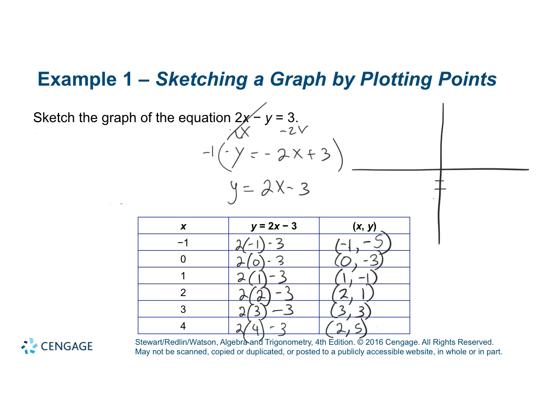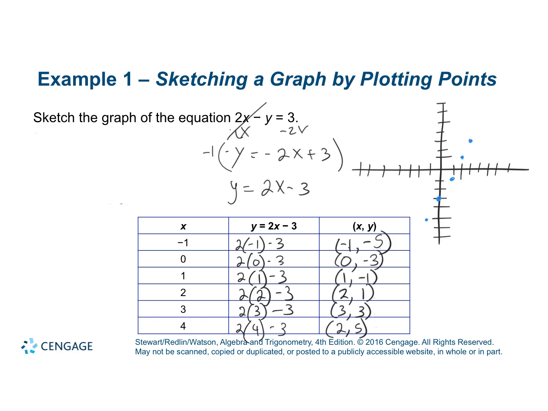So let's say we have this graph. Bear with me because I know it's not perfect. We have a point at negative 1, negative 5, which is right here, at 0, negative 3, at 1, comma, negative 1, at 2, comma, 1, at 3, comma, 3.